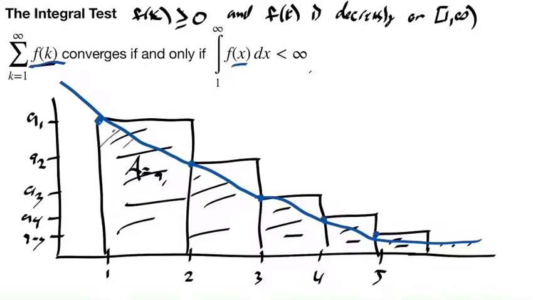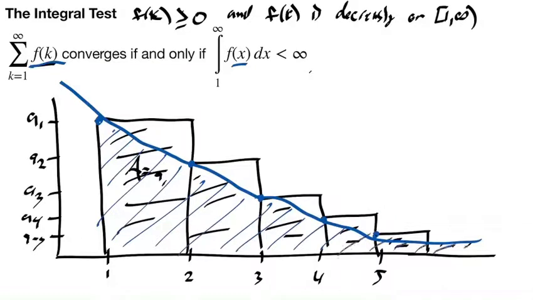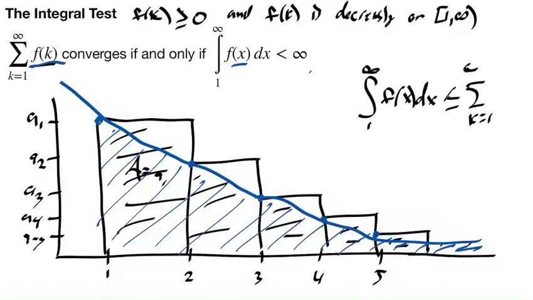And so our integral from 1 to infinity is actually calculating that area right here. And we can see right now what is the difference between the integral and the area. Well, we can see that this integral from 1 to infinity of f of x dx must be strictly less than that sum as k goes from 1 to infinity of f of k.